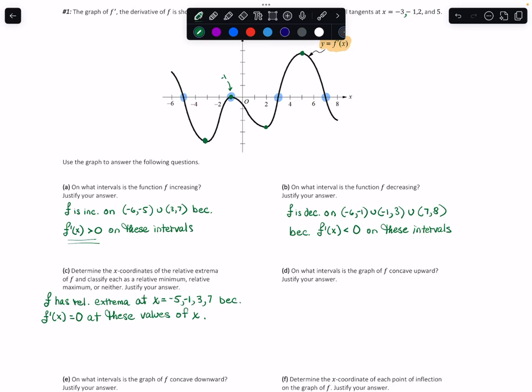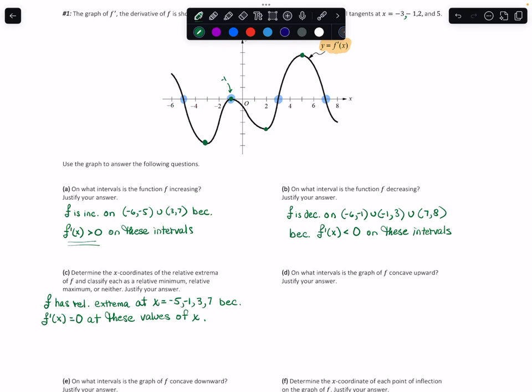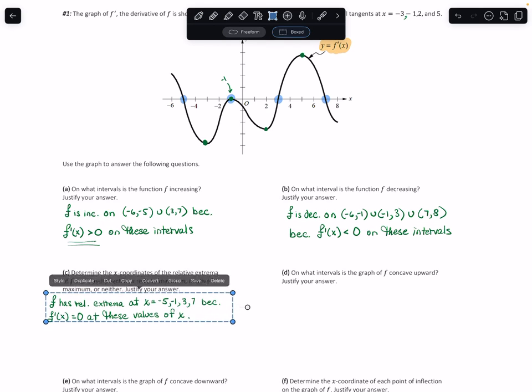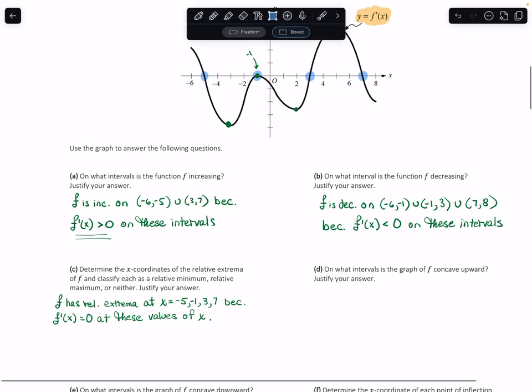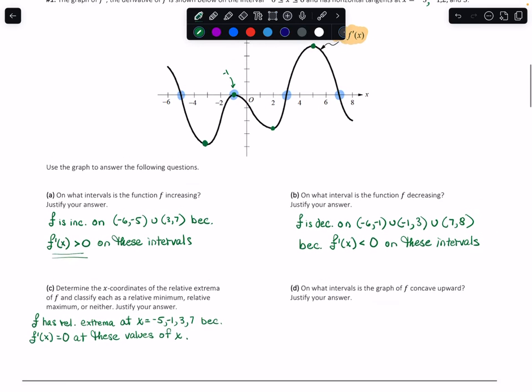Now, the other thing we were able to do, besides just find where the turning points on the graph of f would be, is we were able to use the first derivative test to classify these places as relative mins, relative maxes, or neither. Let's start with mins, I guess. We know that when we analyze the derivative and we're looking for relative mins, the signs need to change in a particular way.